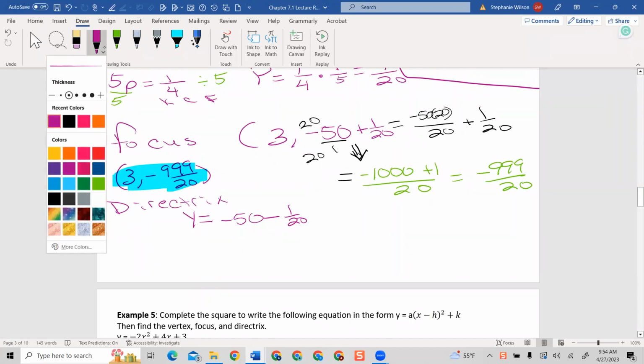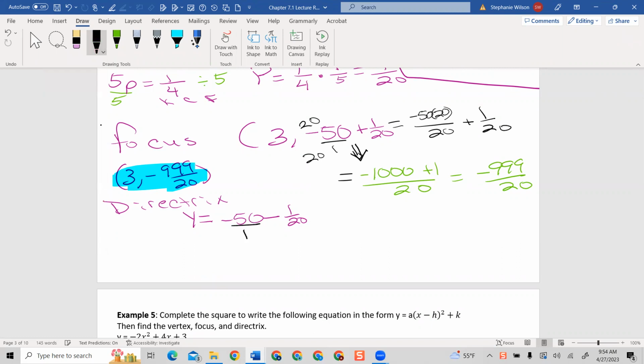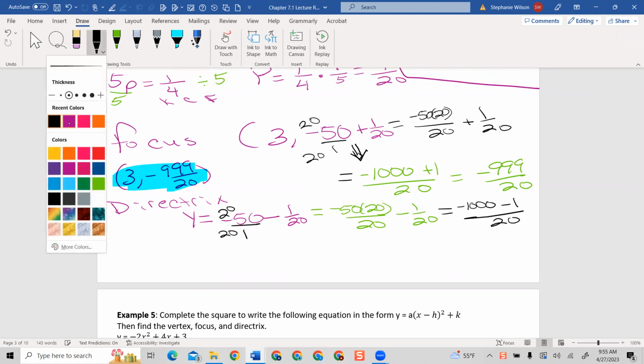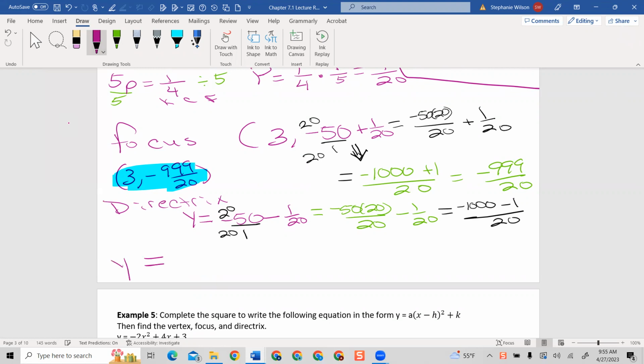Again, we're going to have to find the common denominator, and it's 20. Let's solve. So I got negative 50 times 20, all over 20 plus minus the 1/20. That gives me a negative 1,000 minus 1 over 20. So my answer is a negative 1,001 over 20. So now we have answered all the parts.